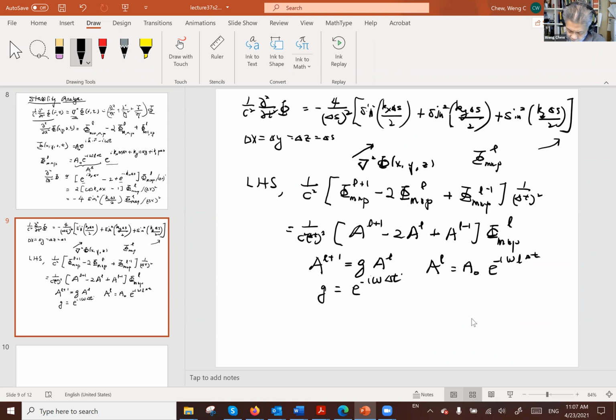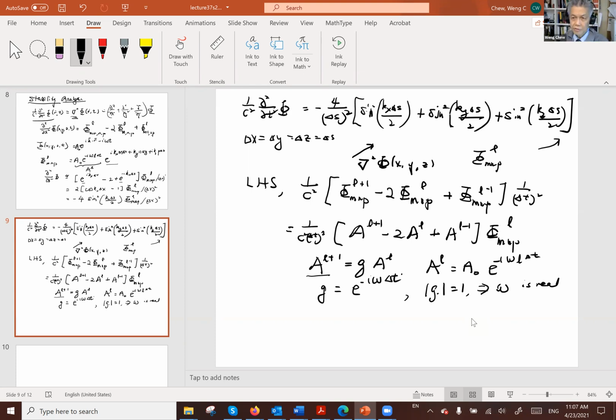So the g factor in general would have a magnitude of 1, which is wonderful. If it has a magnitude of 1, that means it is non-amplifying. That means that as I advance in time, the amplitude of the wave function will not amplify in time. And so if the magnitude of g has to be 1, then it implies that omega is real.